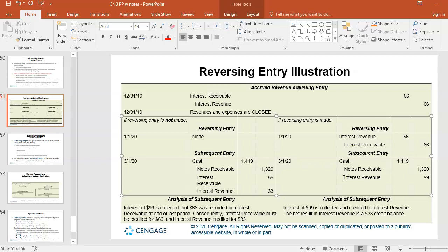It nets out to be the same in the new year because I debited interest revenue for 66, and then I credited it for 99. So I'm only going to actually have $33 in interest revenue, which is the same as what I had over here. Okay. So basically, reversing entries are done mainly if the accounting record is going back to a bookkeeper who may not know that this adjusting entry was done.